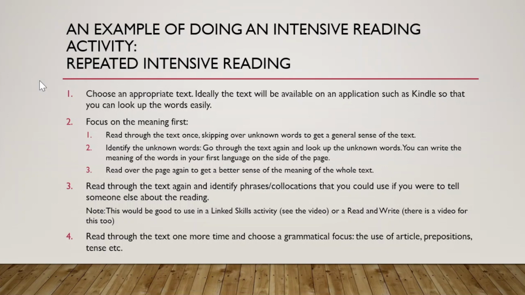Go back through the text and look up the unknown words. If it's a paper version of a text, you could write the translation on the side of the text rather than directly over the words. If you write it in the margin, when your eye hits that unknown word, you're going to look over at the side notes, read the translation, and then look back over and find the word.